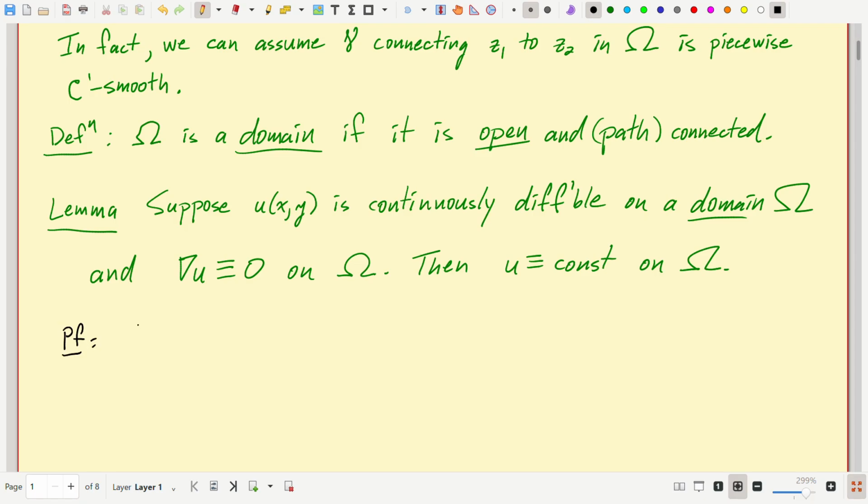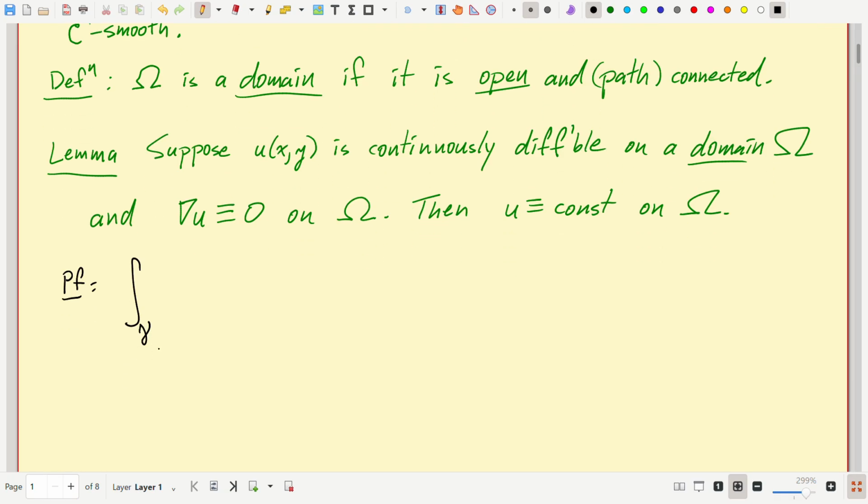If you integrate along gamma, let's say this gamma is piecewise C1. If you integrate gradient u dot ds like you did in sophomore calculus, that's equal to u at the end minus u at the start.